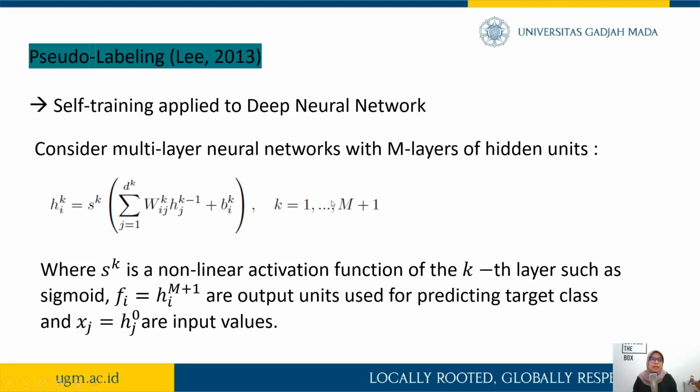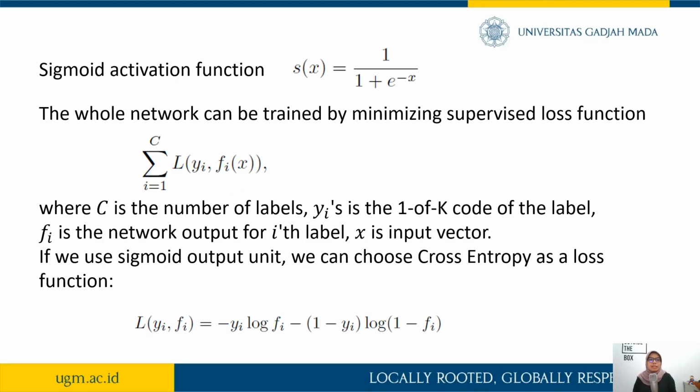We have s_k as a nonlinear activation function of the kth layer, for example a sigmoid function, and f_i, which are the output units used for predicting the target class, and x_j, which are the input values. So we have the input and output values, m layers of hidden units, and the sigmoid activation function here.